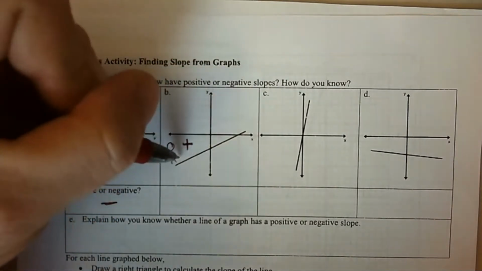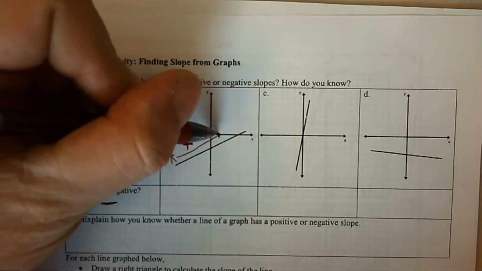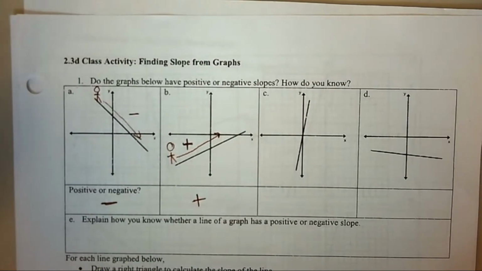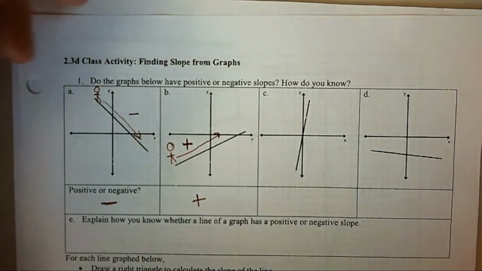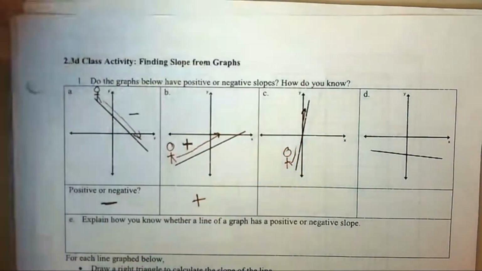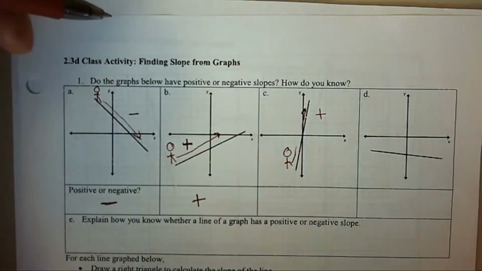So if he moves left to right, he has to go up this hill, and it's a positive slope. Okay, letter C, we look at this one here. I put my stick guy again on the left side of the line, and this line looks extremely steep, more like a mountain or something. But that is definitely a positive slope. Going left to right, he's got to go up, so it's a positive.